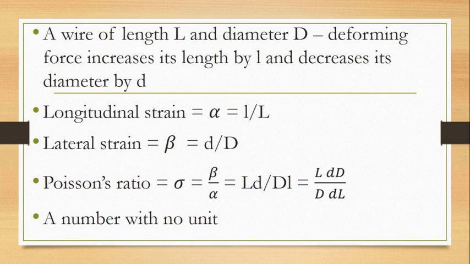That is Poisson's ratio, and we know that Poisson's ratio is lateral strain by longitudinal strain. So both the numerator and denominator are strains. So sigma will be a pure number with no unit as well as no dimension. So that's about the Poisson's ratio.